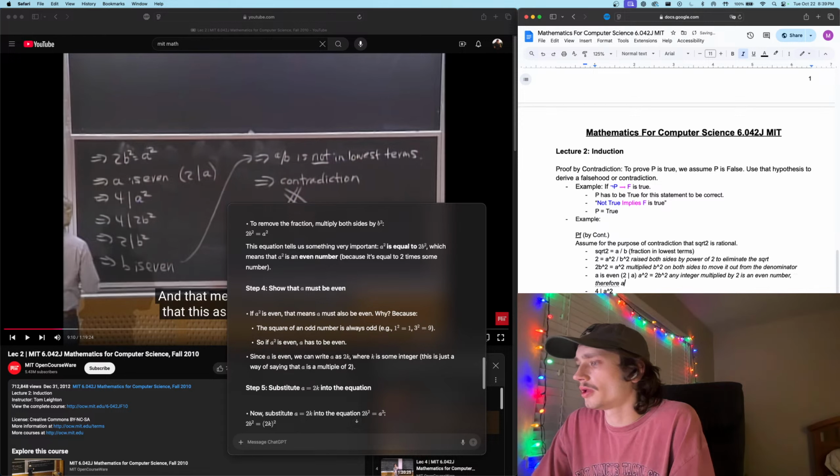Therefore, a squared equals an even number.